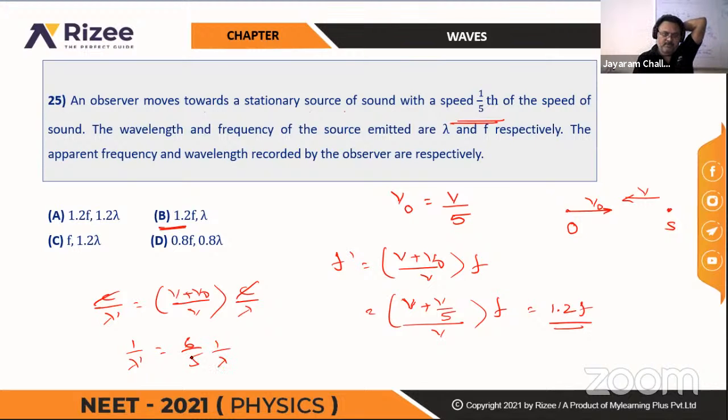Or this is 1.2 or anything like that. Okay, so you should be getting 1 by 1.2. Lambda dash is equal to 5 by 6 times of lambda. What is 5 by 6? It is going to be around 0.8 something. The option also should be 0.8, or 0.5, 0.6. Okay, no problem. So this should be the better conditions. Fine, sir.